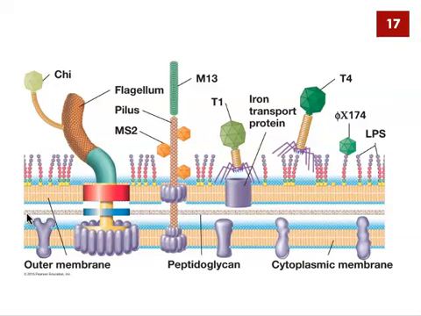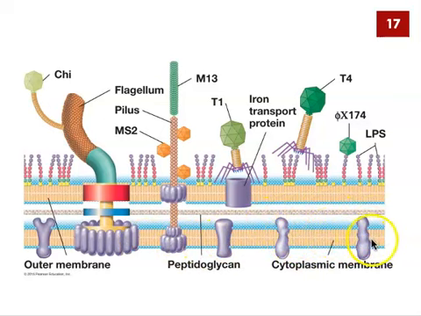Gram-negative bacteria also have a second membrane. They have the membrane that surrounds the cell, and then they have what's called an outer membrane. Both are membranes, both are a bilayer of phospholipid and protein. But they're going to have different compositions.